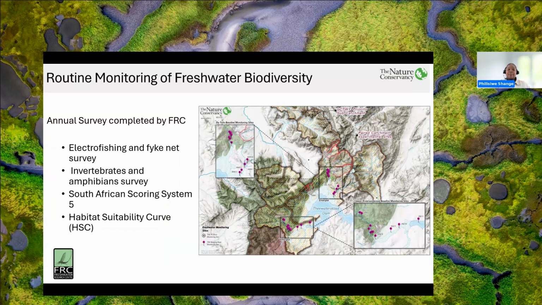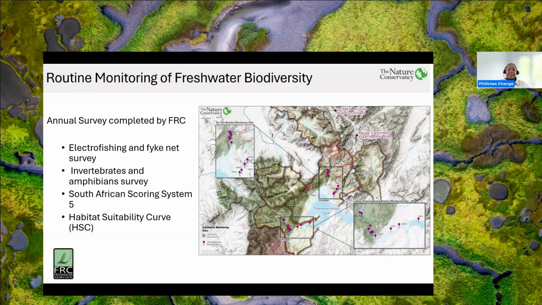During this time, they are tracking different variables, looking at electrofishing and fyke net surveys, which help to determine the fish population, size of the fish, as well as the species richness. And they also conduct invertebrate and amphibian surveys, using the South African Scoring System, which other people know as SASS5. This helps to determine the river health by looking at the presence of bioindicator species in the rivers.